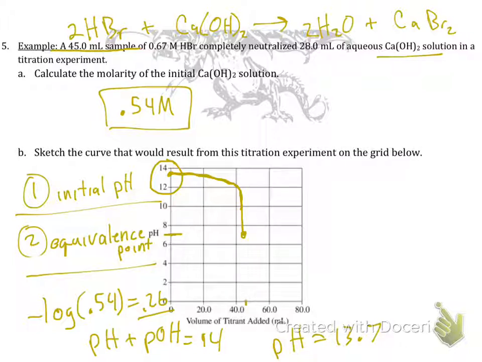It doesn't go beyond this point, but we're going to take it beyond this point, because if we were to continue to add acid, it eventually would become acidic. So again, the problem is actually just telling us this part. It gets to here, and then after that, as you add acid, it becomes more acidic. And so this is the sketch of the curve, and I'm going to go ahead and take these parts off because we don't need them, but essentially it looks like that.